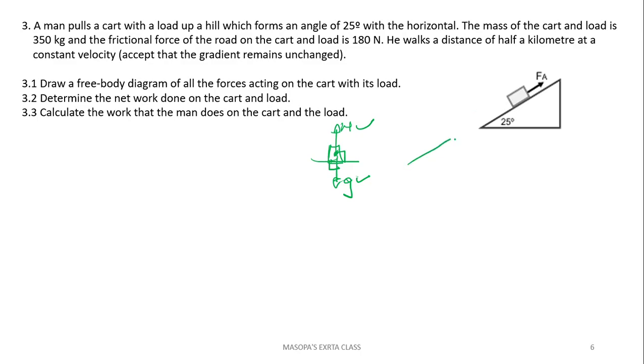But now we are on the incline. The normal force still does 0 net work. Why? Because the normal force is always perpendicular to the surface. Then remember the Fg is always downwards, and it's not acting perpendicular.